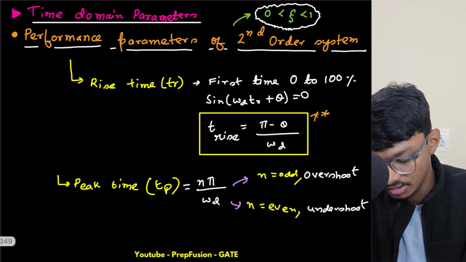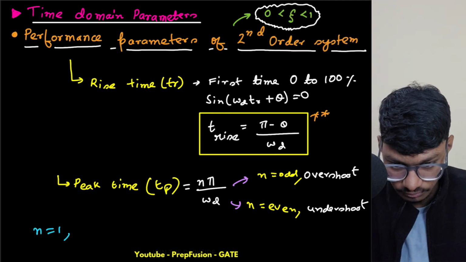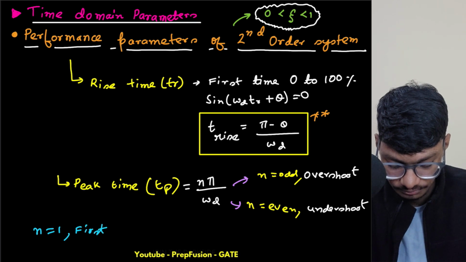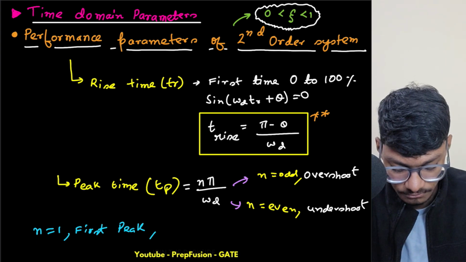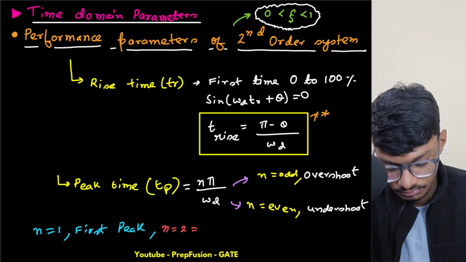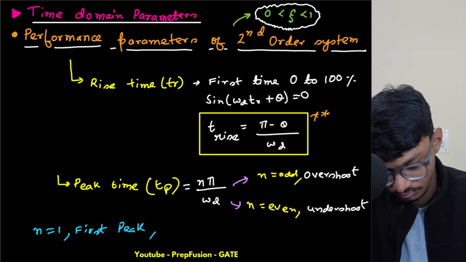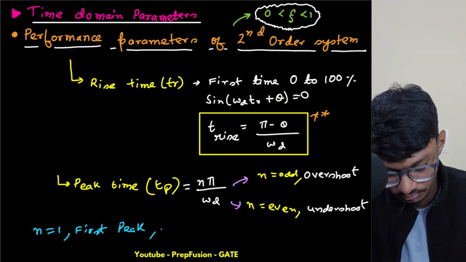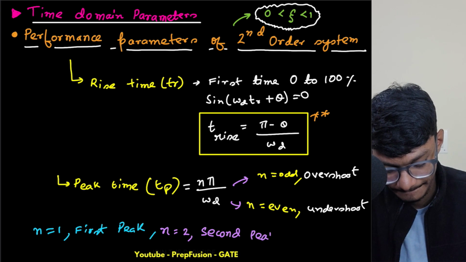The very important point is that at n equals 1 we get the first peak, and at n equals 2 we get the second peak.